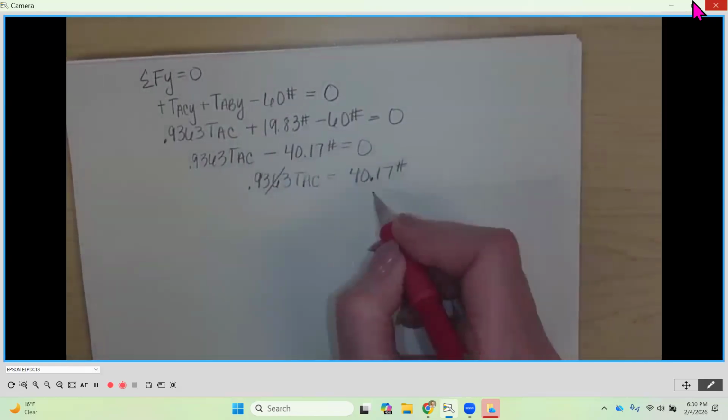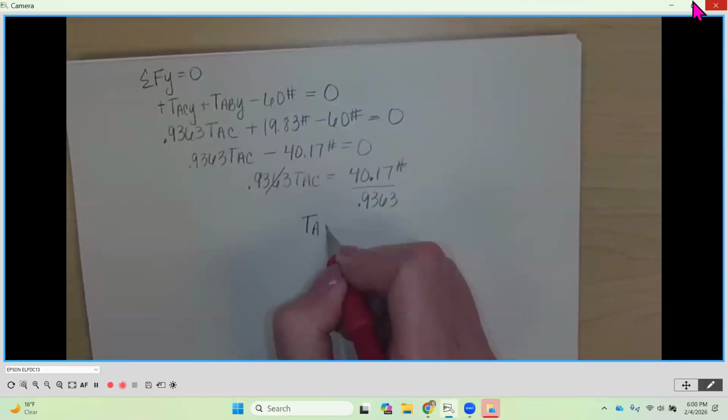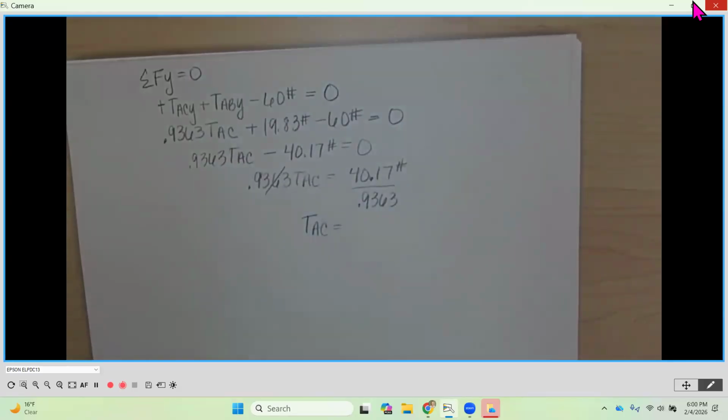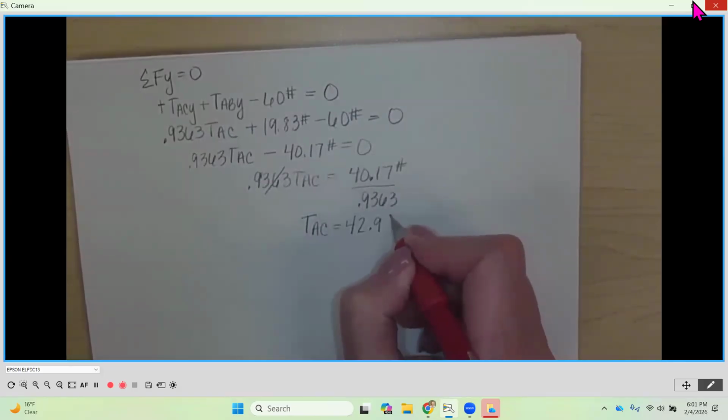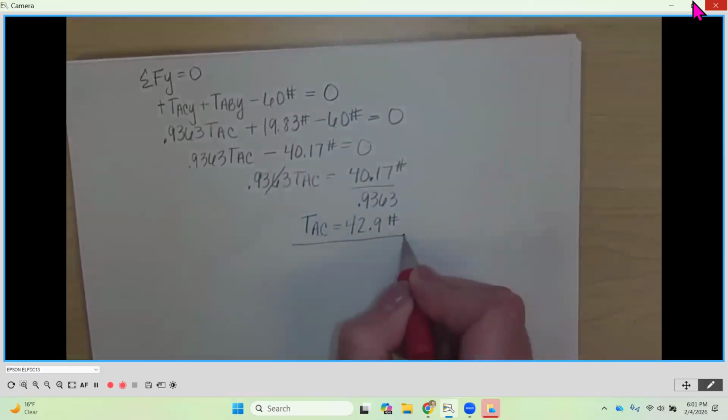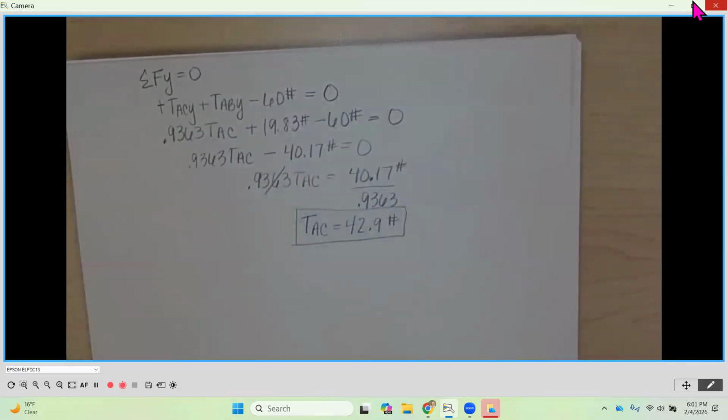And now solving for TAC, you get 42.9. Yep, the book gets that too. Good.